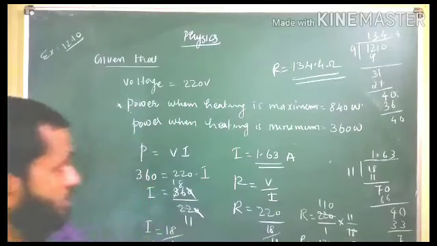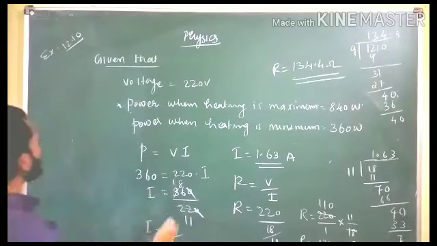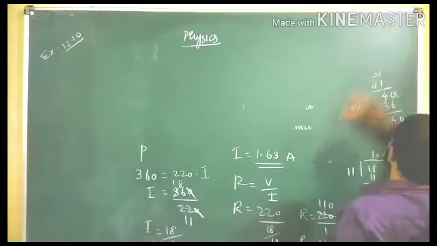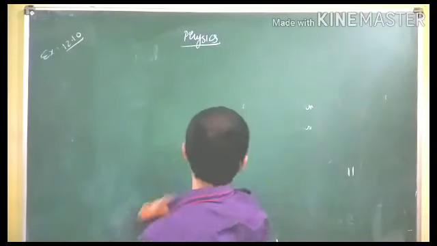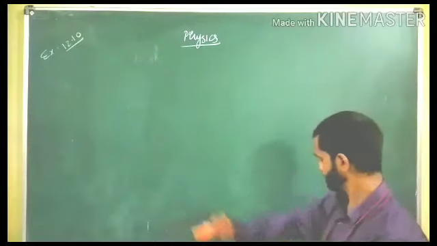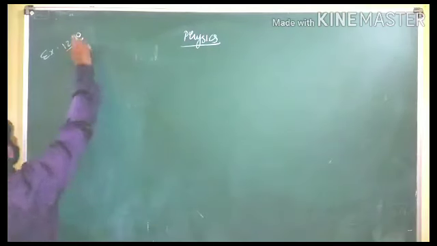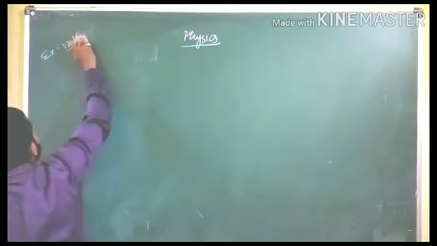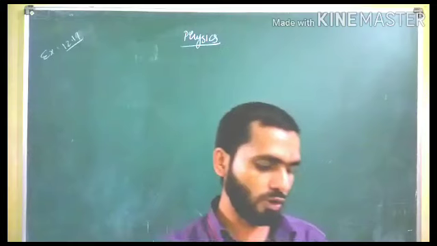Now the second question, from the same page number 217, 12.11. 100 joule of heat is produced each second in a 4 ohm resistor.